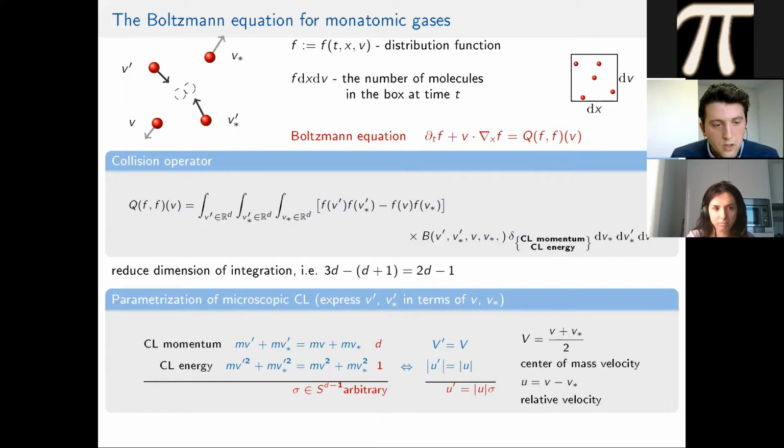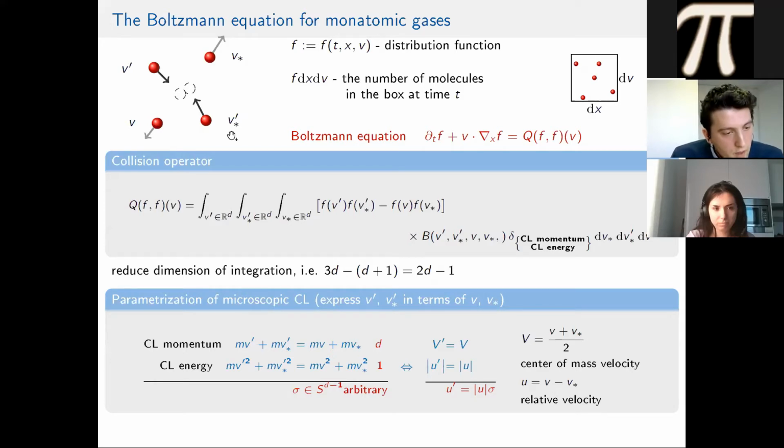Assuming that collisions happen only between two particles, we have two monatomic molecules that are colliding, and we know that before the collision they have some velocities v prime and v star prime, and after the collision the particles have new velocities v star and v.